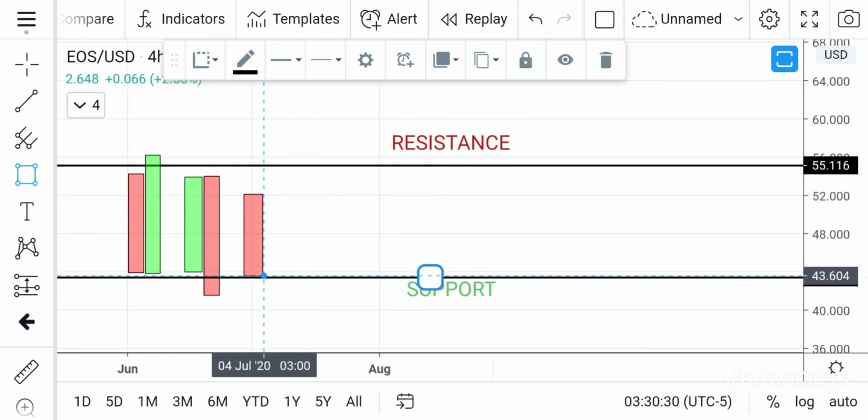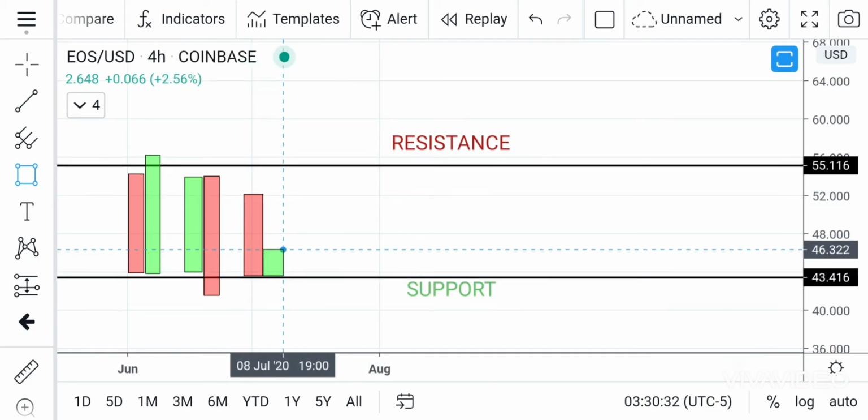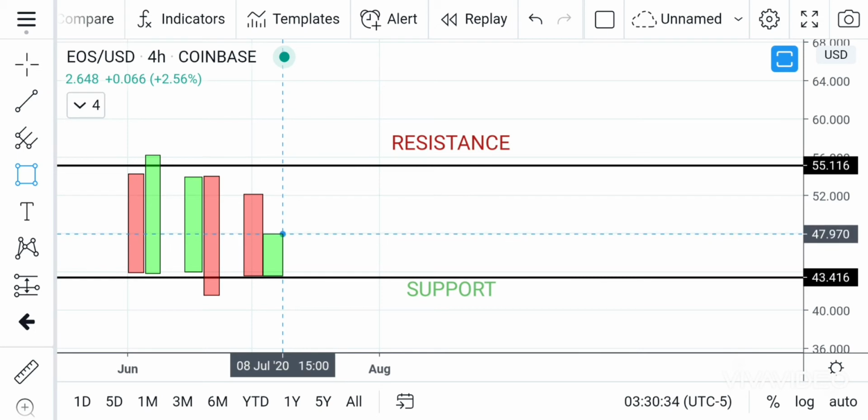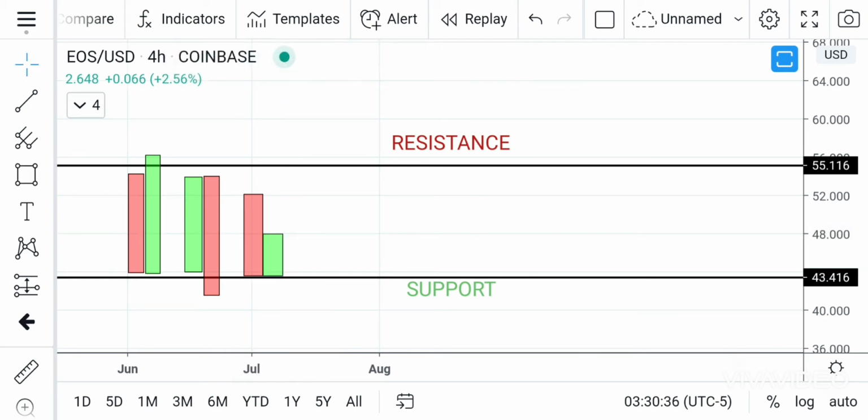From this low, the buyer pushes the price back up, but it did not engulf the bearish candle. It only covered about 50% of the body of the red candle, and that is what we call a piercing pattern.